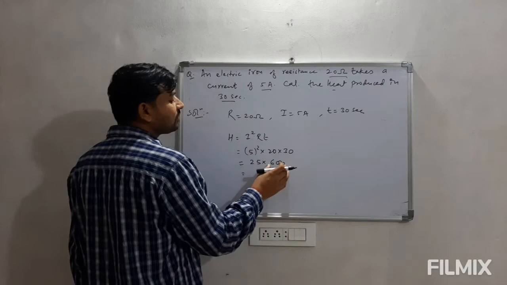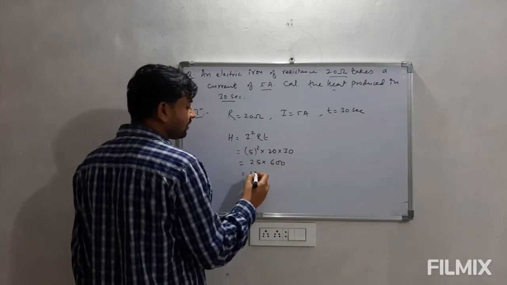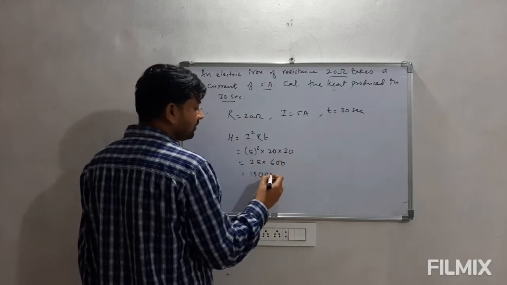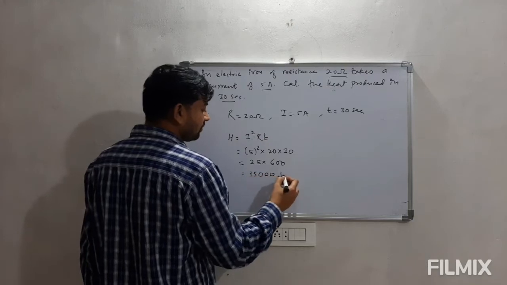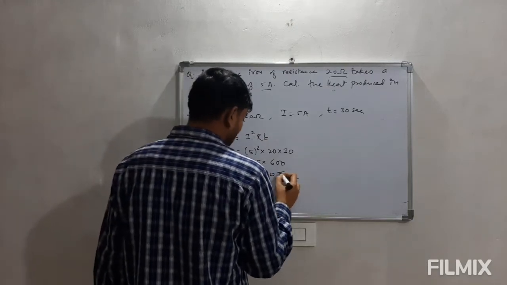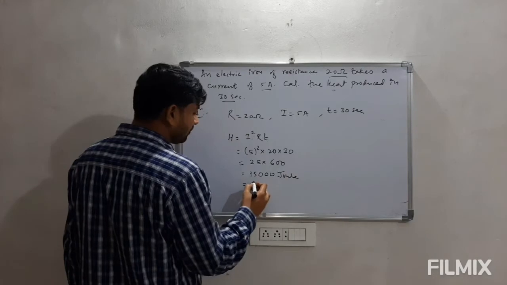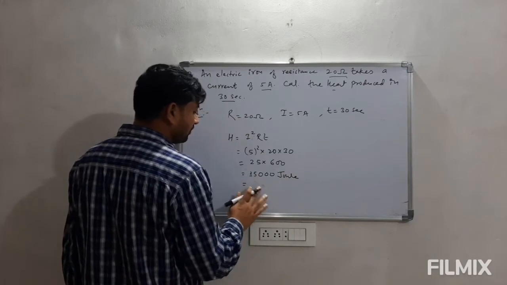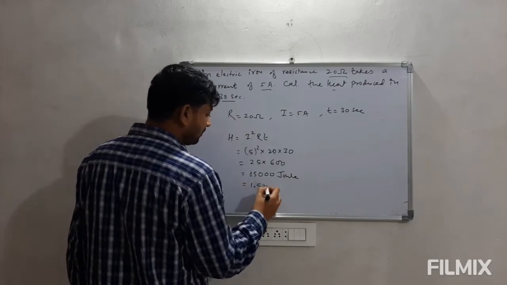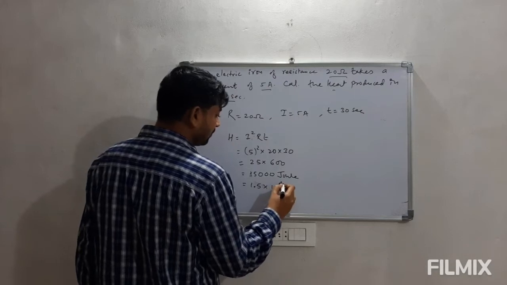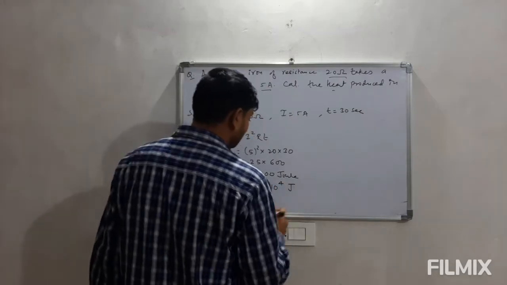So this becomes 600, and if we multiply this, we get 15,000 joule, which we can write as 1.5 into 10 raised to power 4 joule.